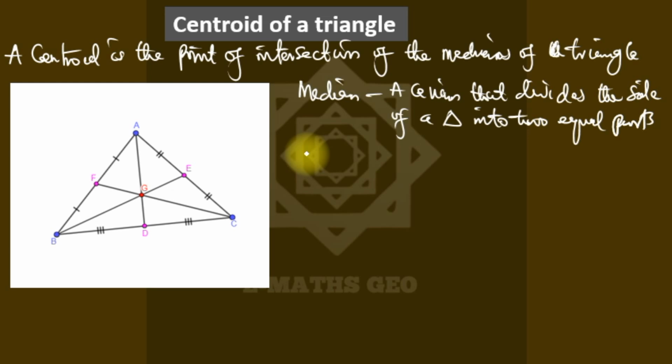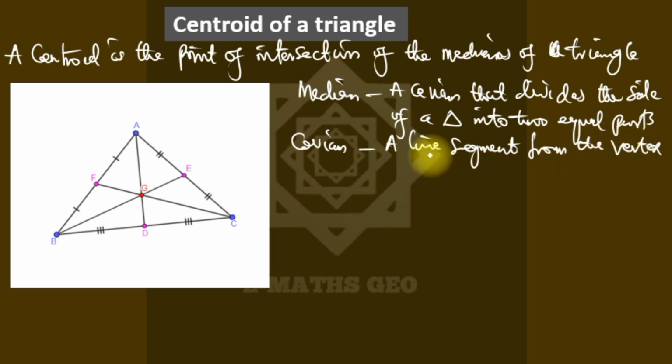So again, you'll be wondering, what is a Cevian? A Cevian is a line segment from the vertex of a triangle to a side.